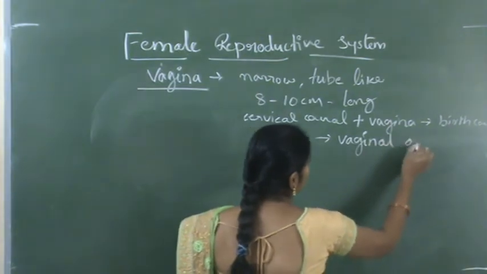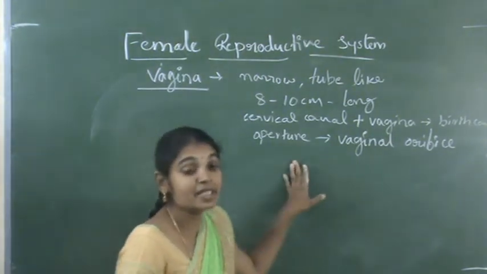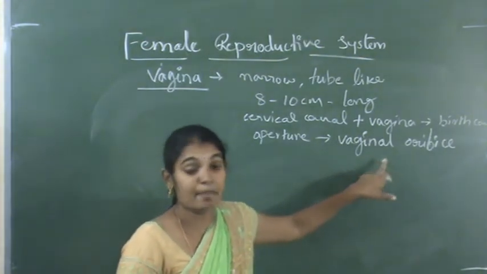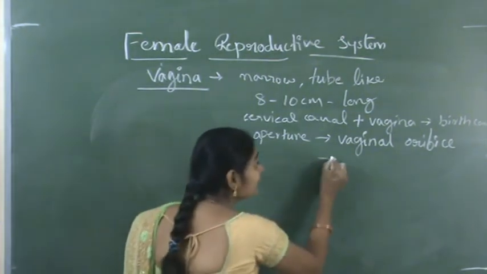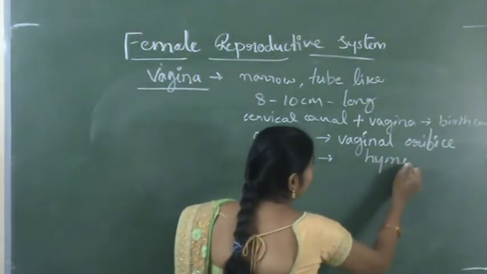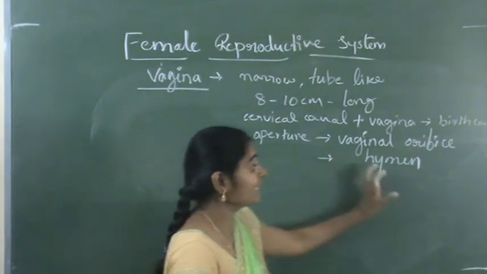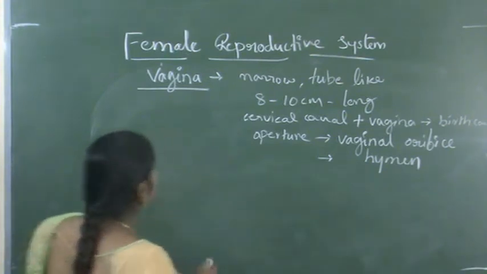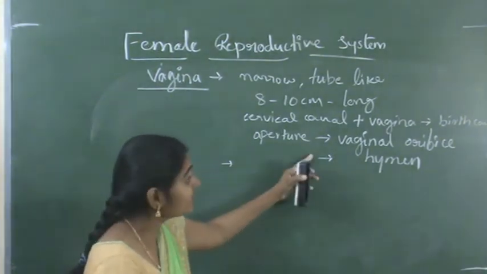So the vagina opens out through the vaginal orifice, also known as the vaginal aperture, and this vaginal orifice is partially covered by a thin membrane-like structure known as the hymen.